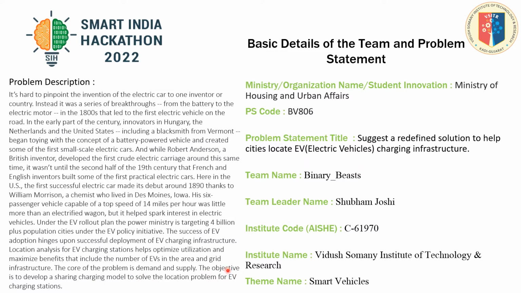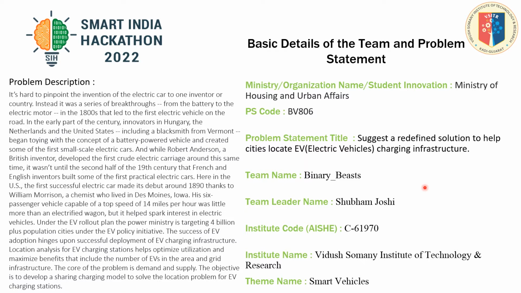Our objective is to develop a sharing charging model. Now let me explain the sharing charging model. There can be three ways of a charging model. The first one is public or sharing, the second one is private, and the third one is semi-public. Our focus is on the sharing charging model, as given in the problem description.